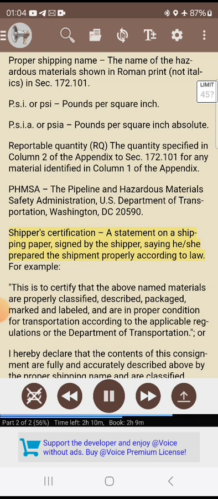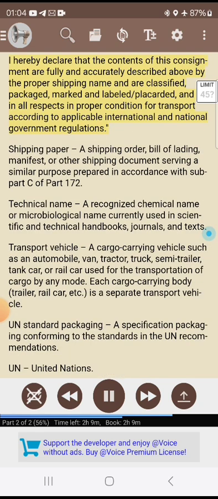to law. For example, this is to certify that the above-named materials are properly classified, described, packaged, marked and labeled, and are in proper condition for transportation according to the applicable regulations of the Department of Transportation, or I hereby declare that the contents of this consignment are fully and accurately described above by the proper shipping name and are classified, packaged, marked and labeled, placarded, and are in all respects in proper condition for transport according to applicable international and national government regulations.